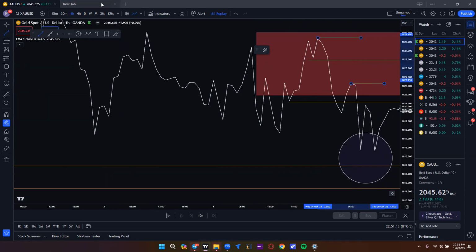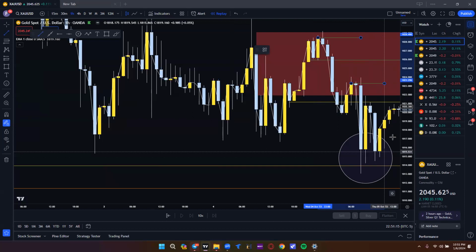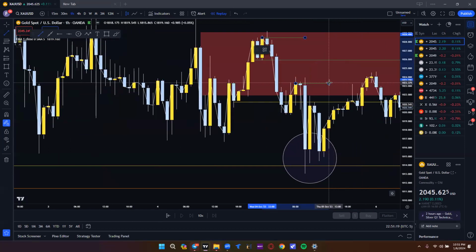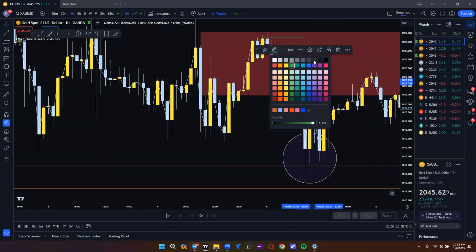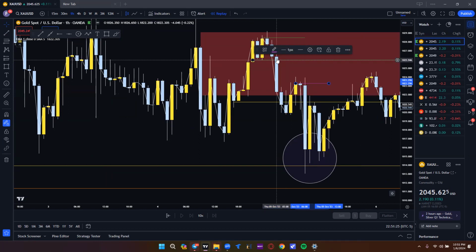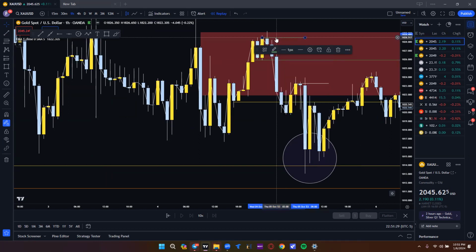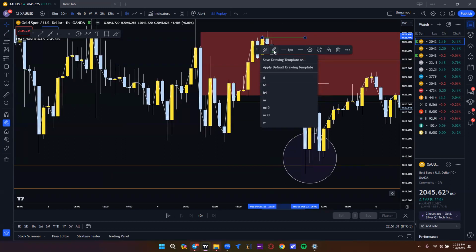These levels here, price was unable to break these levels here until this point here. So I'll just leave these as purple, or actually I'll do white. SNR level, classic SNR level.